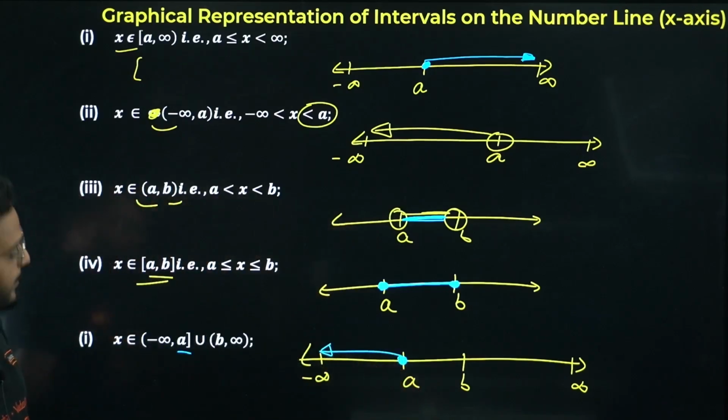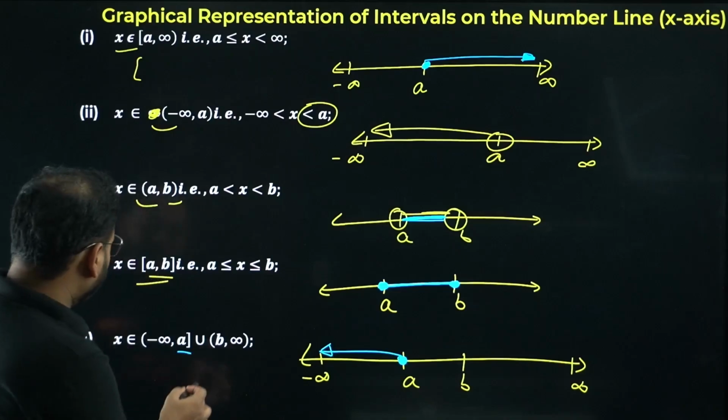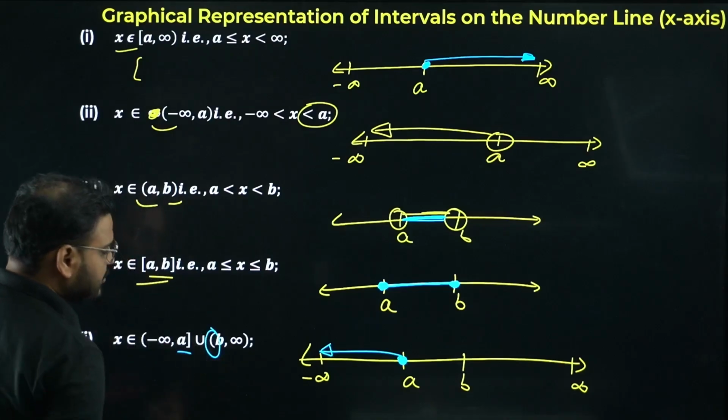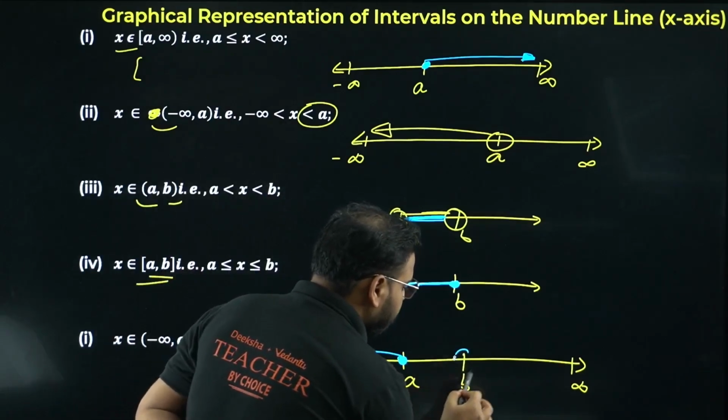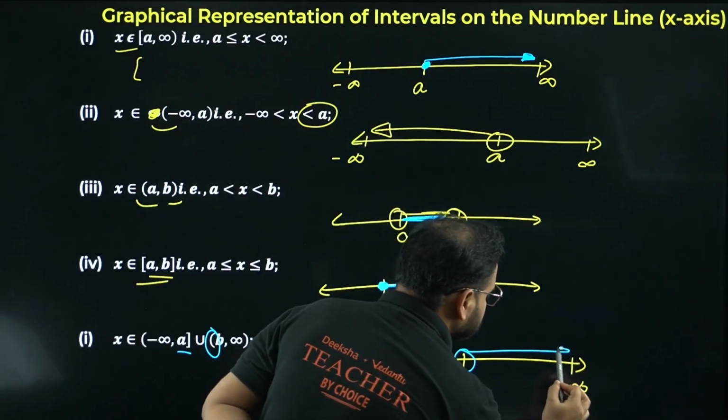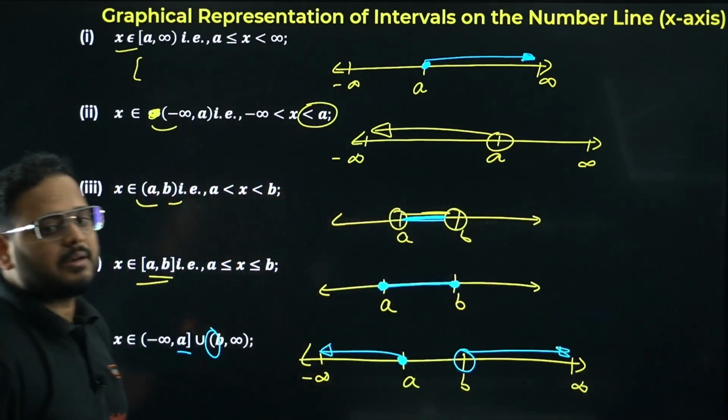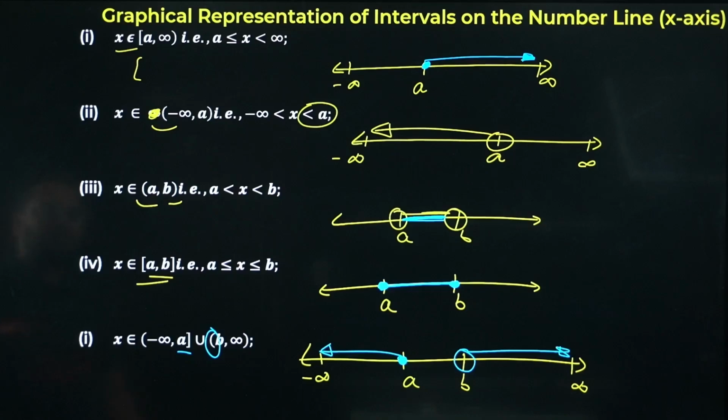What we have? B to infinity. Again, B is open, right? Over here, B is open. Please check. So I'll put here B open circle and going like this. You can see that. So these are some cases. This is again case 5. Okay, so this is clear.